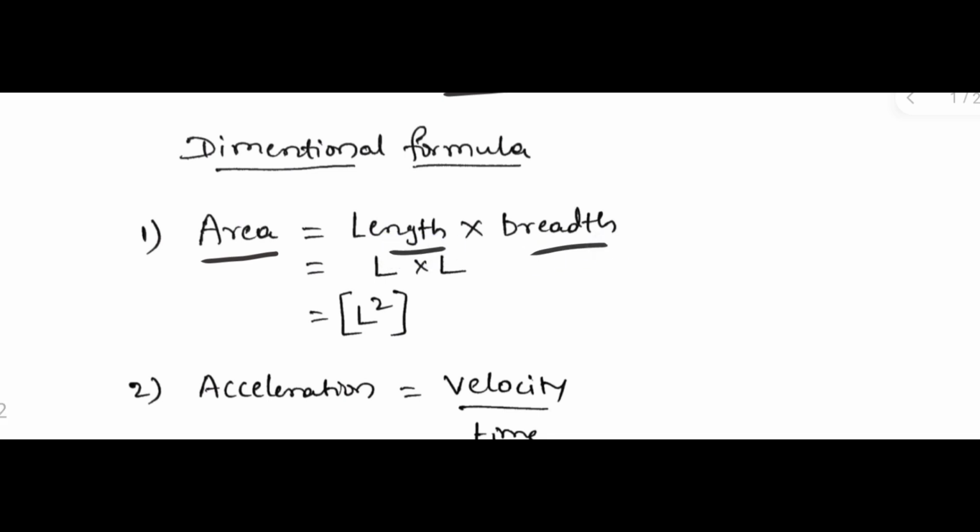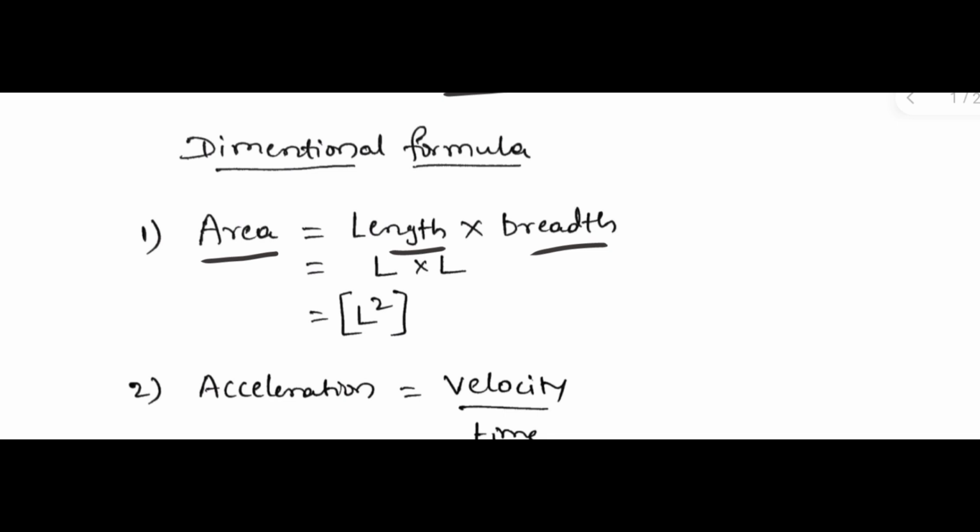Length can be expressed as a single dimension L, and breadth is also measured in length. Two length intervals become L square. Here 2 is the raised power of length. Here length is the fundamental quantity raised to the power 2.